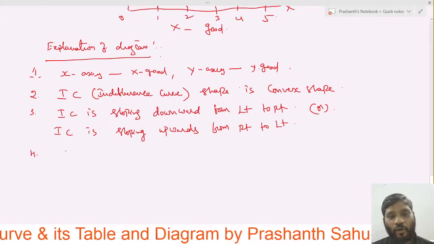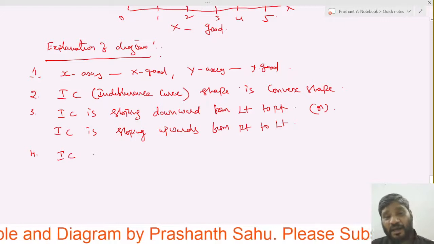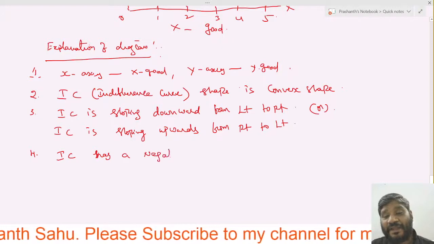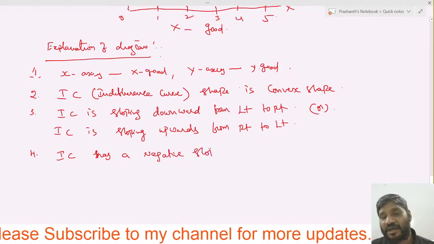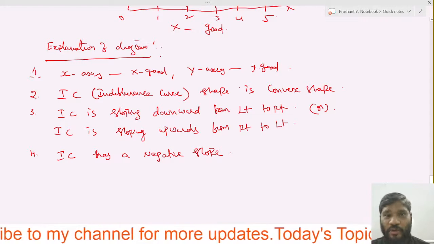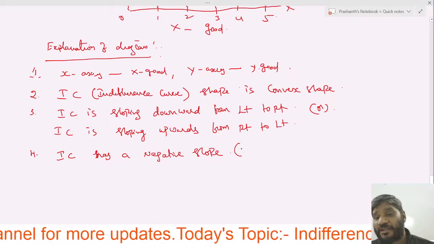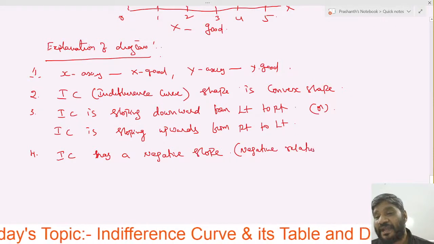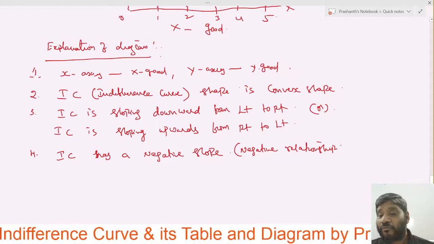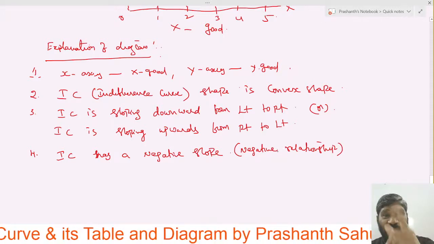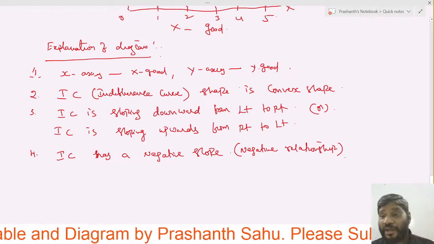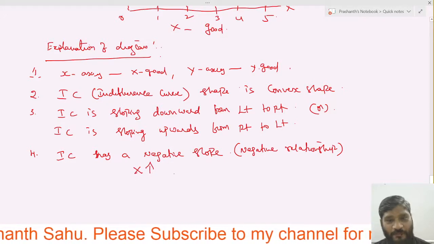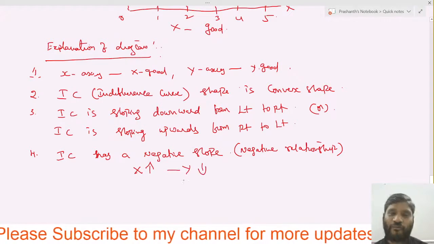And next, number 4, indifference curve has a negative slope. Why is it a negative slope? Because they have a negative relationship. In the previous I told you, in the table I told you, remember? If you want to increase x good, then you have to decrease y good.